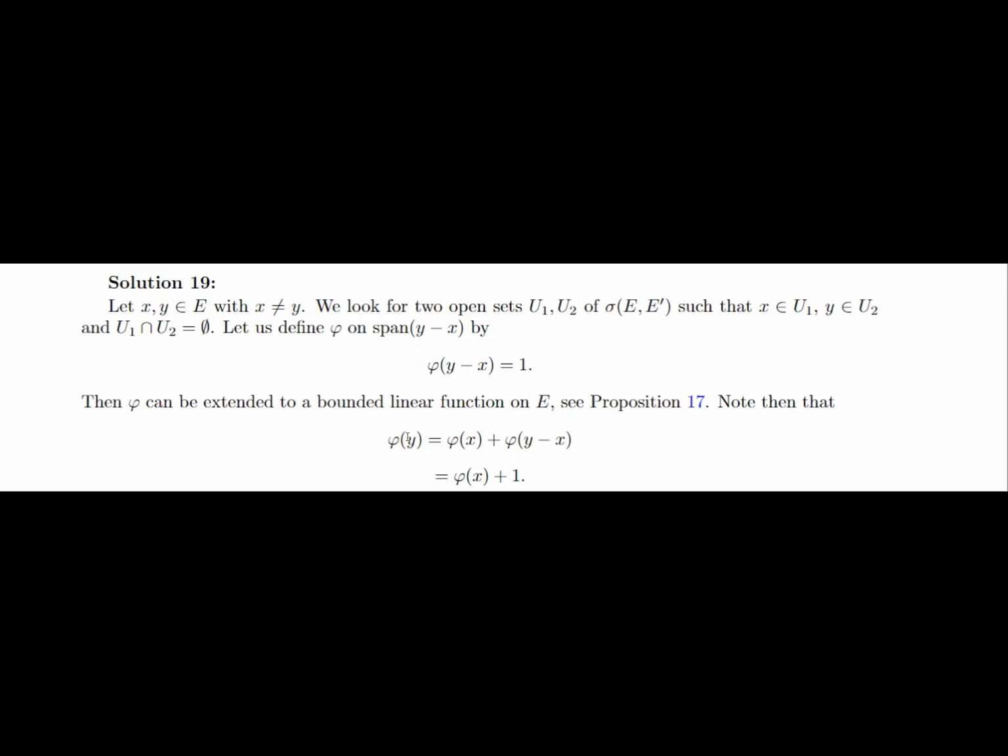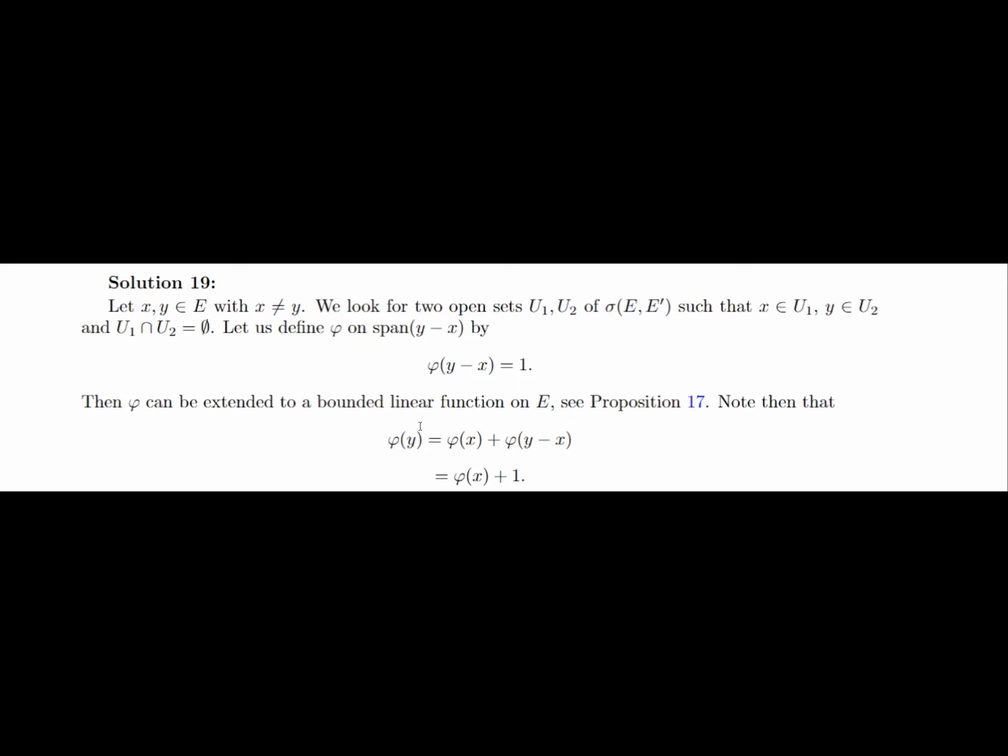So y is y minus x plus x. So phi of y is phi of y minus x plus phi of x. So phi of y is phi of x plus 1. So those now are distinct.